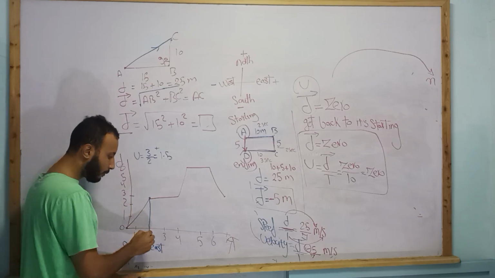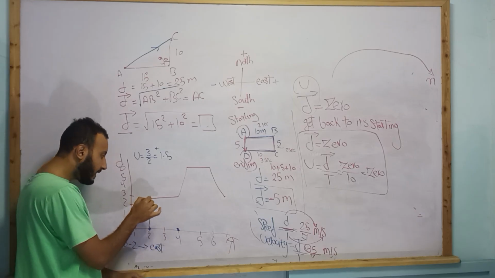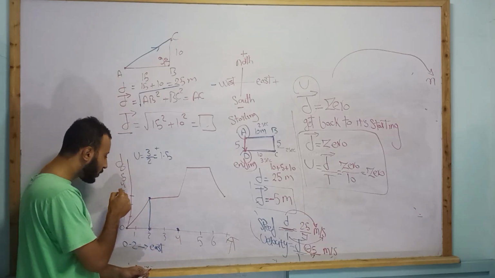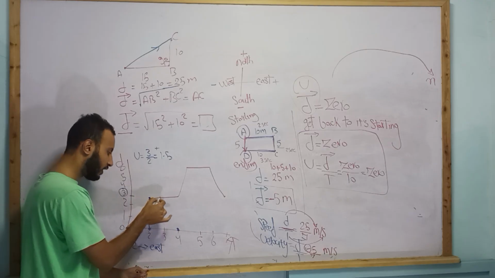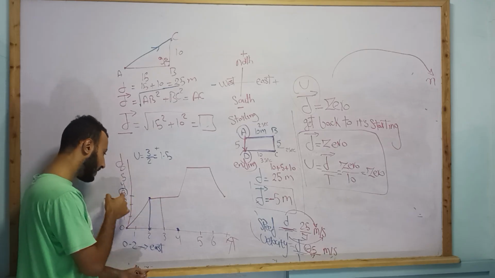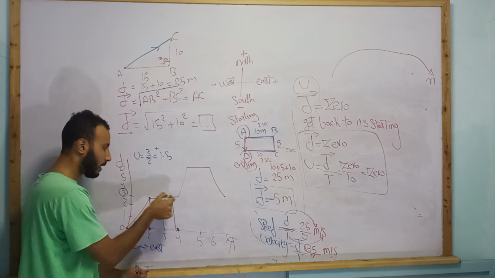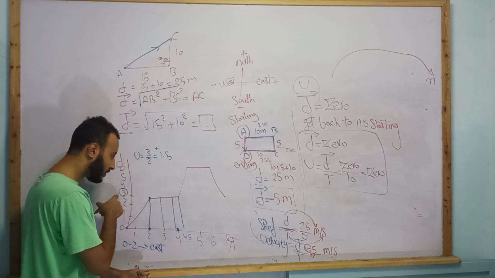Then from 2 to 4, the car is constant, or fixed at the third position, at meter number 3. I mean after 3 seconds, it's still at the third meter. At 4 seconds, still at the 3 meter. At 4 seconds and a half, still at 3 meter.